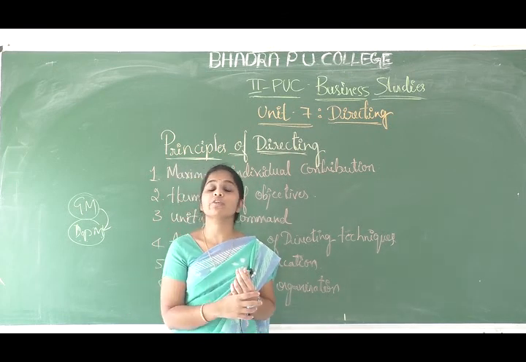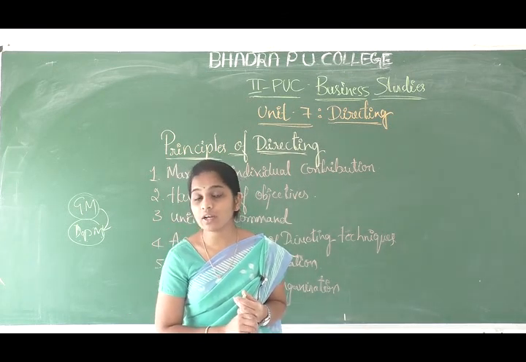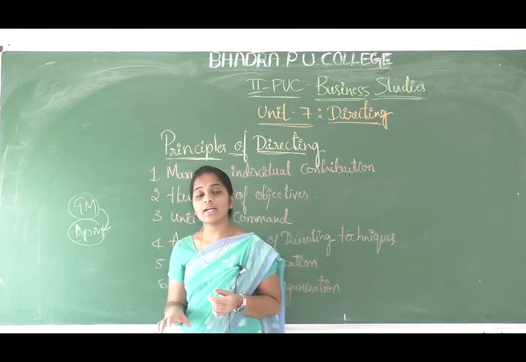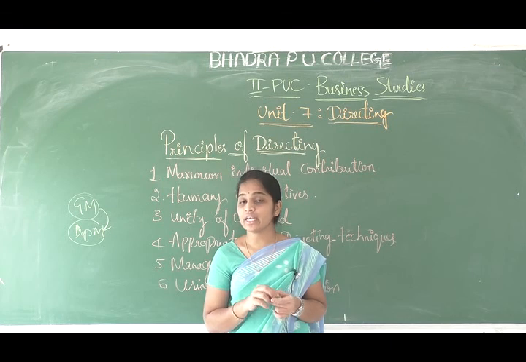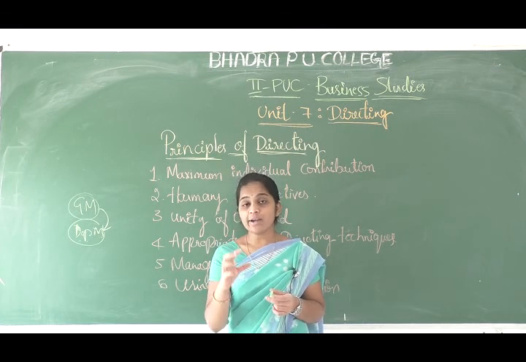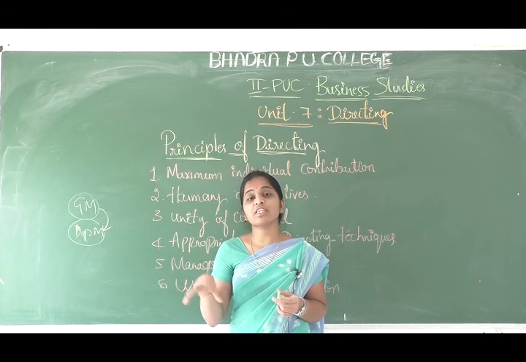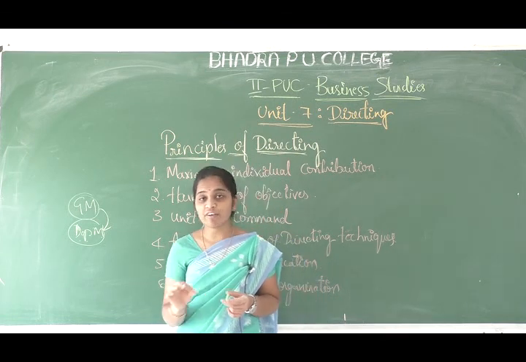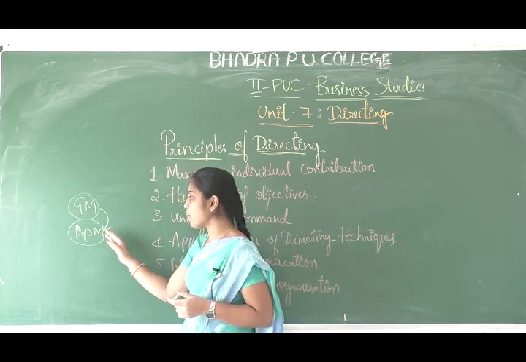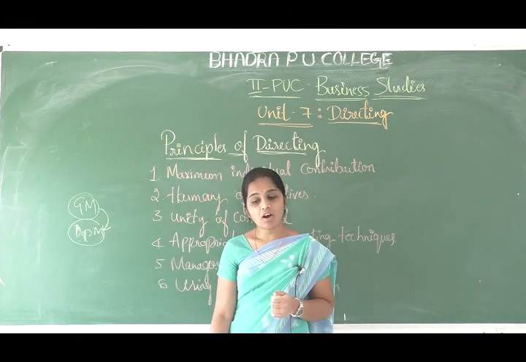That relationship is called formal organizing. So in formal organizing we are going to see well defined authority and responsibility, and also the relationship with the workers is clearly defined. Okay, so that is about formal organizing.